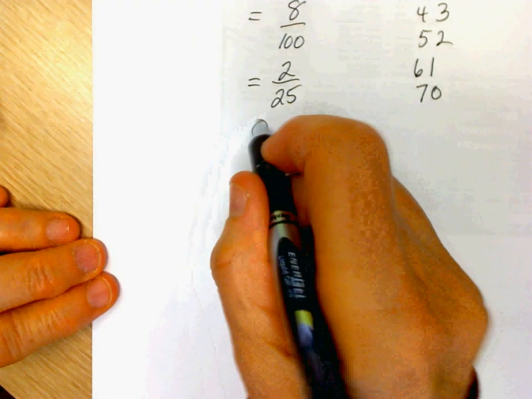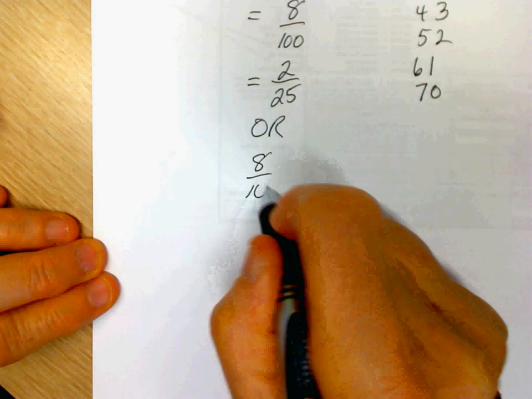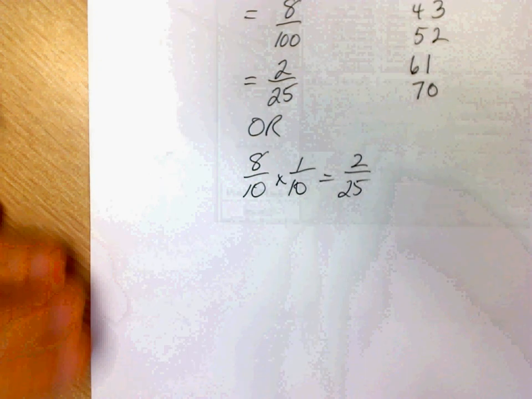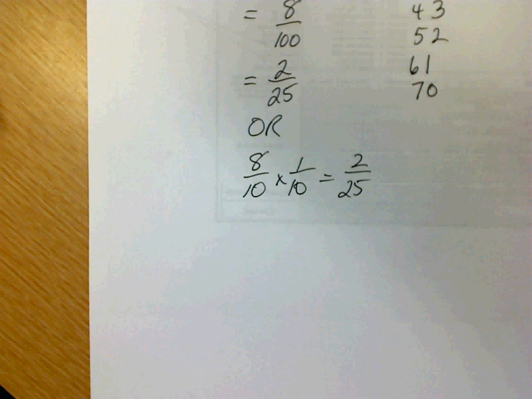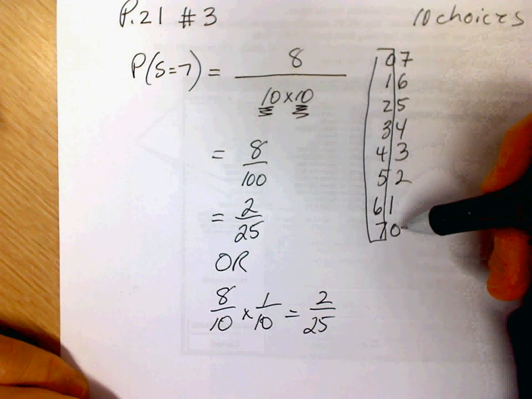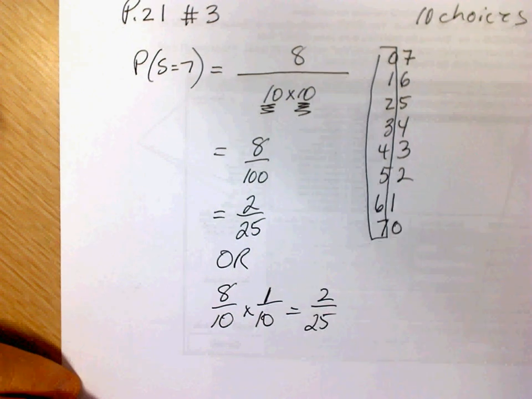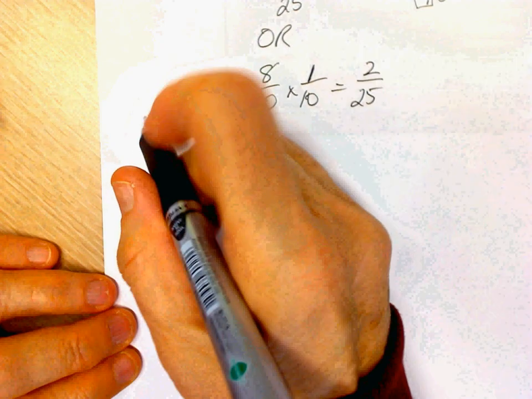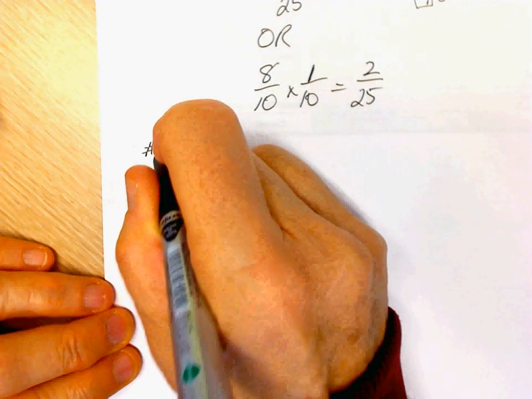So, or 8 over 10 times 1 over 10. That's good. Awesome. That makes sense, right? You have 8 choices on the first one and no choice here. So there's only one choice. Awesome. I like that. Thank you. I really like that method, actually.